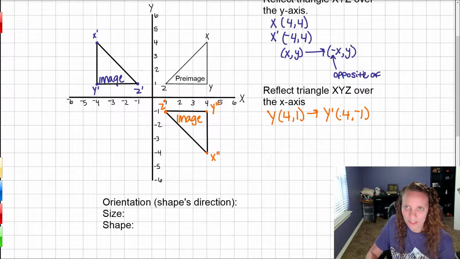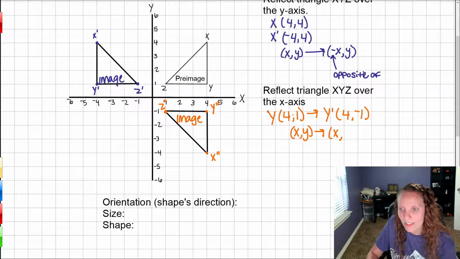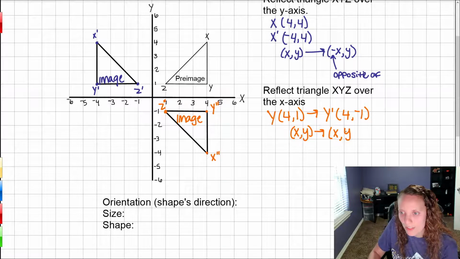It stayed positive. The 1 went from a positive to a negative. So for a reflection over the x-axis, we start with the coordinate x, comma, y. And if you notice, the x value ended up staying the same this time. And this time it was the y value that changed, and it went to the opposite of y. Please note that is not a negative sign, it means the opposite of.